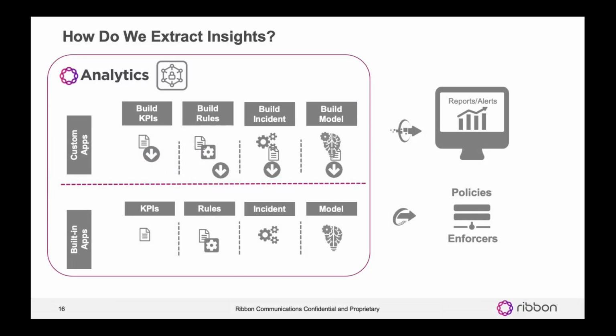So once we have these data sets coming in, how do we actually extract insights? I think Walter went through this a bit earlier in terms of being able to build up KPIs and rules and incidents. If we want to expand that to really have an automated capability or an AI level visibility, we really need to tack models onto this. And what that modeling gives us is the ability to... I think we still need rules.